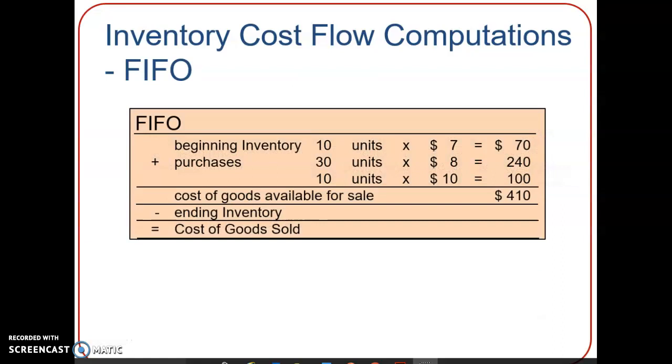So to recap the information, total available for sale cost is $410. We have 50 units and the prices are different all over the place: 7, 8, and 10. We want to find out what's the ending inventory, what's the cost of goods sold.